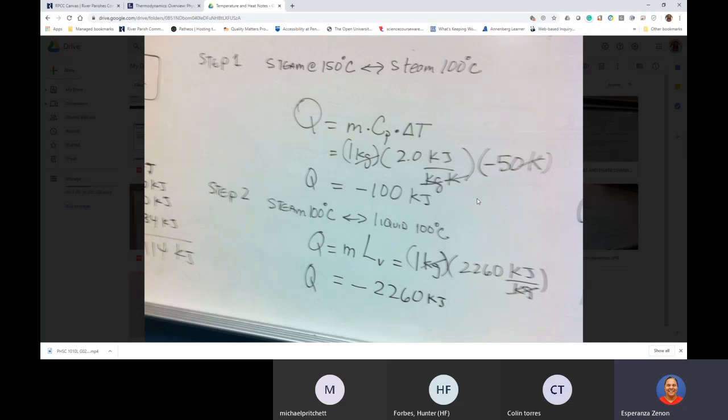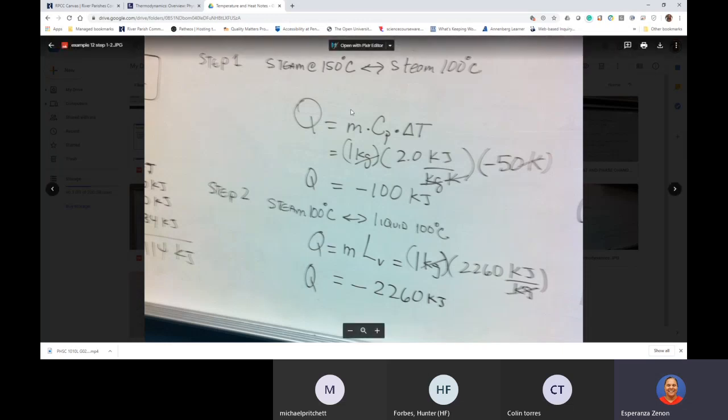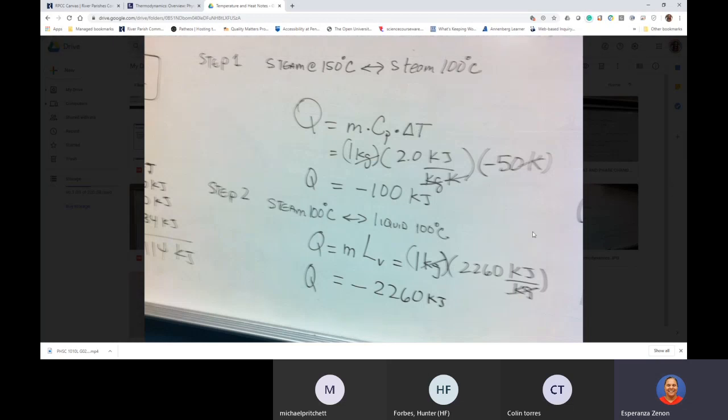But wait a minute. This formula doesn't have a negative sign in it. Where does the negative sign come in? You have to put it in. See, this is something that you have to be careful with, because the specific heat transfer formula, like we use in step 1, will automatically come out negative if you do the temperature difference correctly. This formula is not going to come out negative automatically.